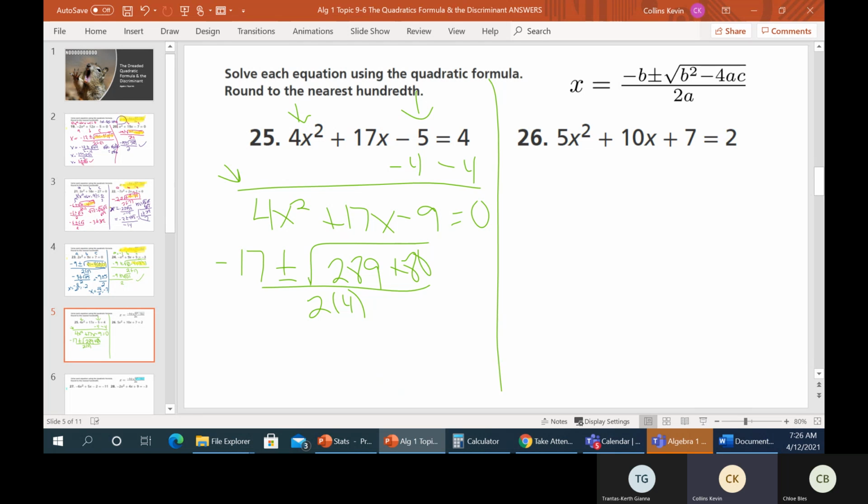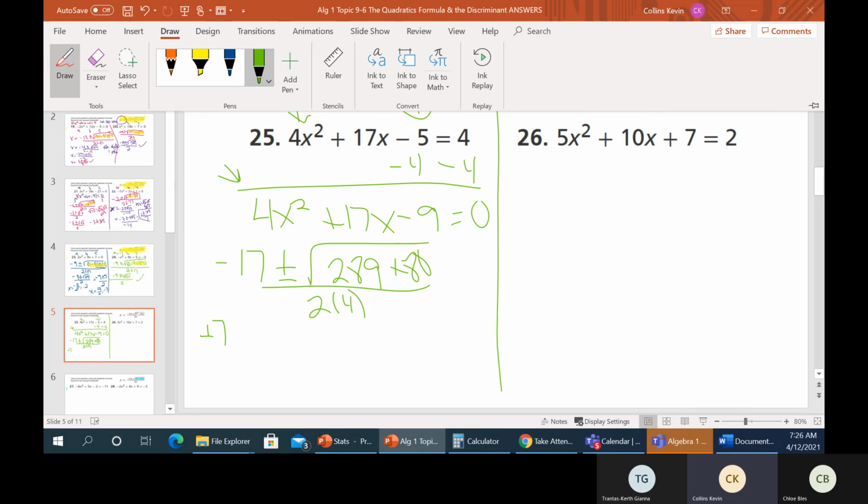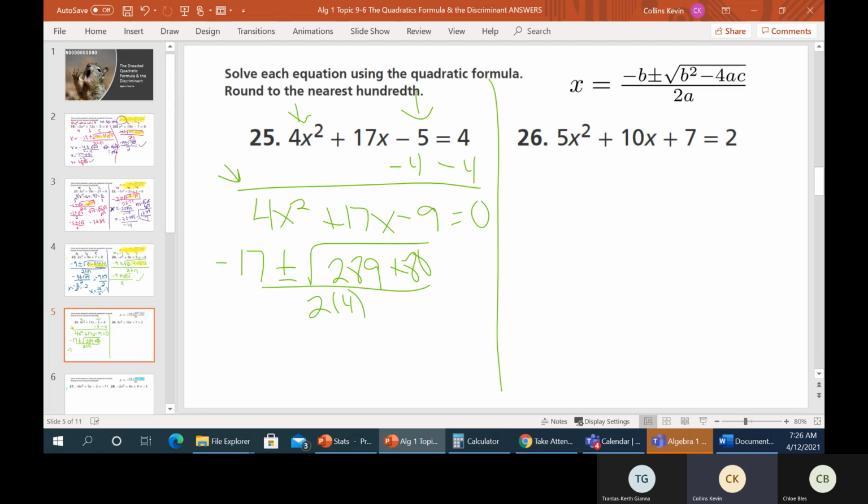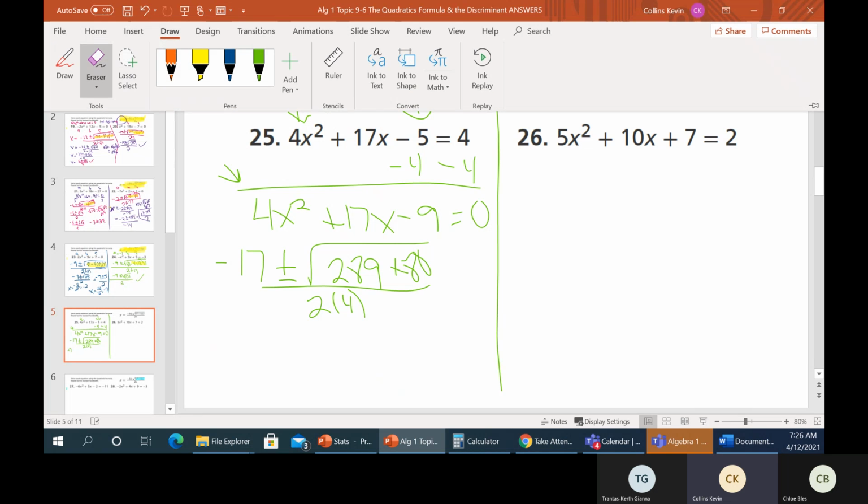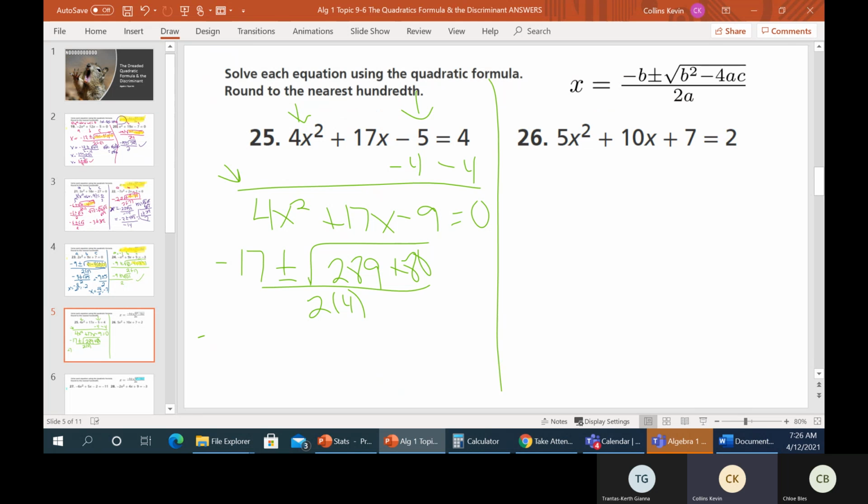All right, so again, minus 17 plus or minus the square root of 369, and then over 8.